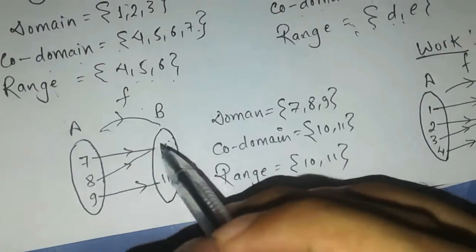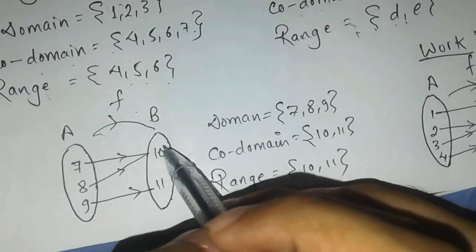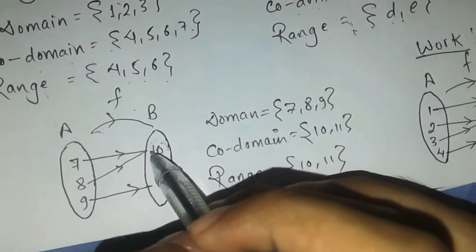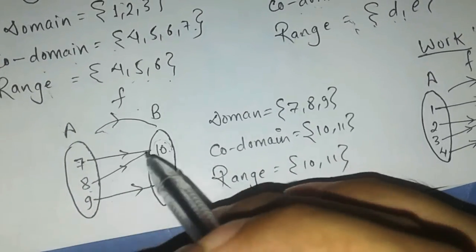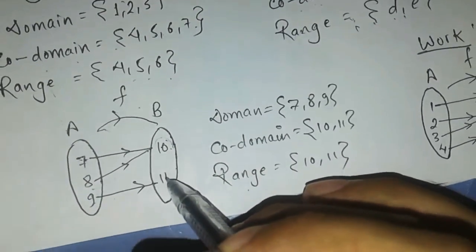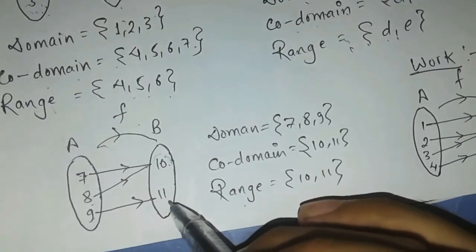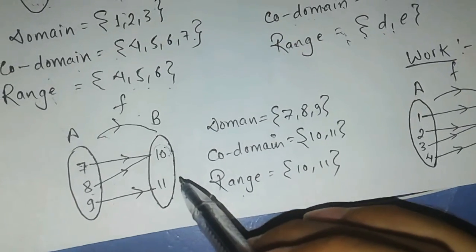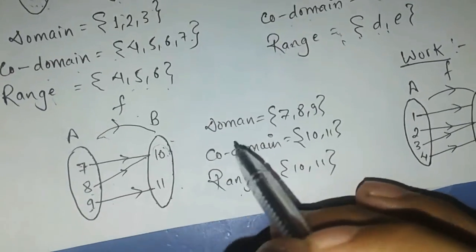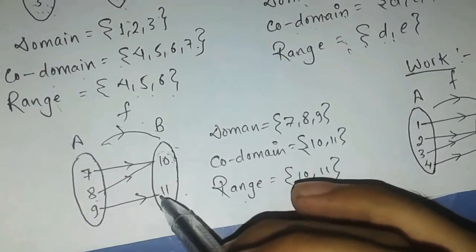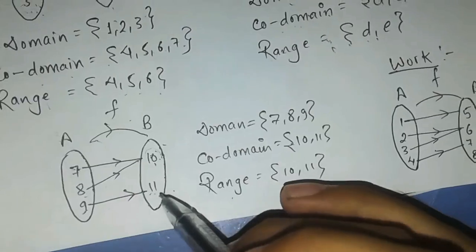Now look at the range: all of the codomain is the image of the domain. The image of 7 is 10, of 8 is 10, and of 9 is 11. So it doesn't have an extra element here. That's why codomain and range are equal here.